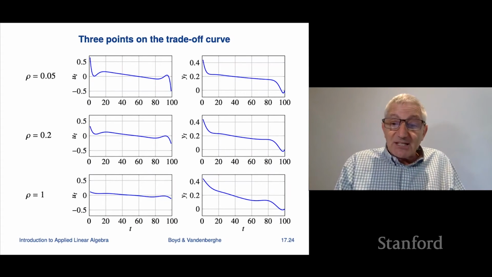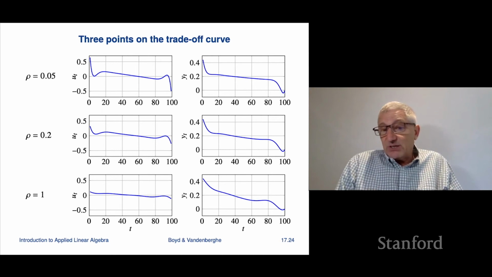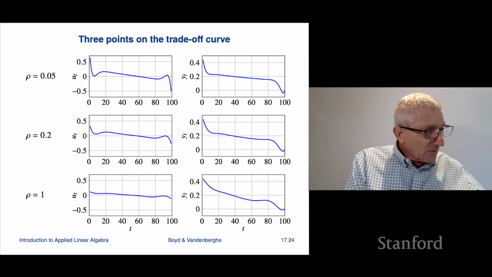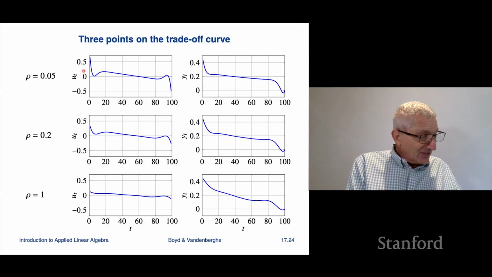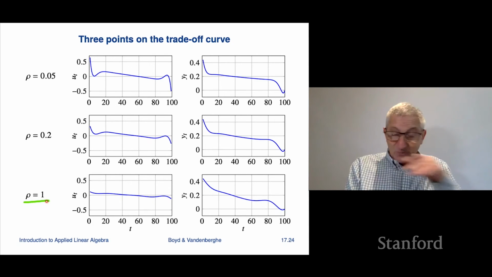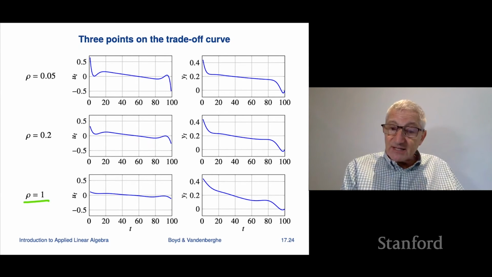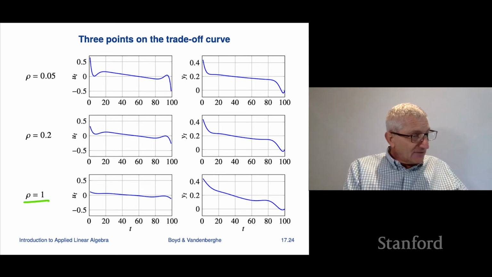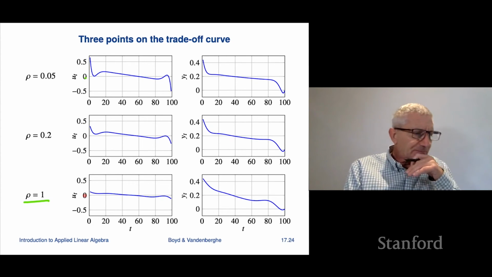So we'll look at these 3 things, and we'll take a look at what the trajectories are. And what we're going to show you is the input applied. The input is on the same scale in these 3 plots, right? And sure enough, look at this. When rho is 1, which increases, as we increase rho, we increase the amount we care about the input. And sure enough, look at that. If you compare this and this and this, you see U is roughly speaking getting smaller.